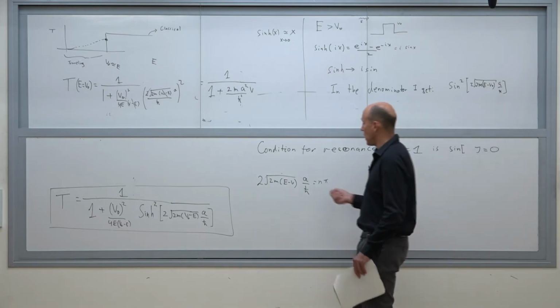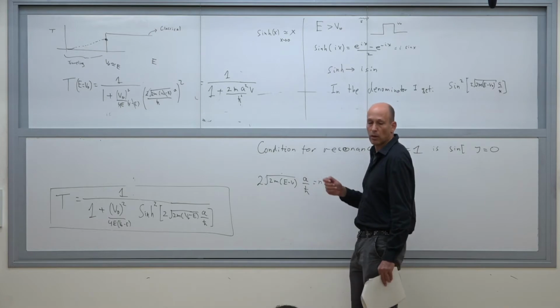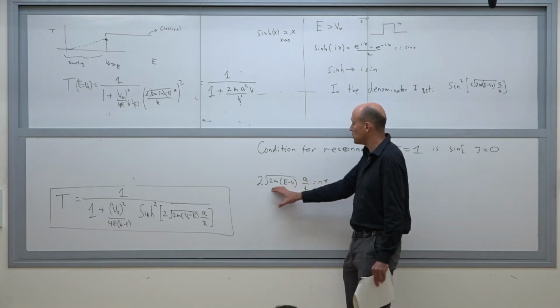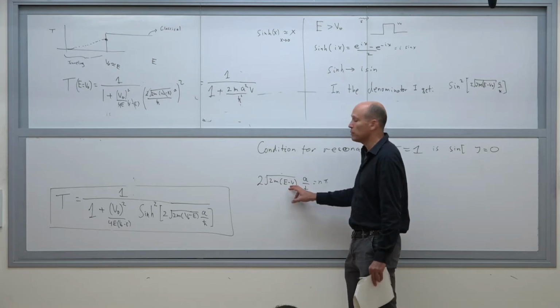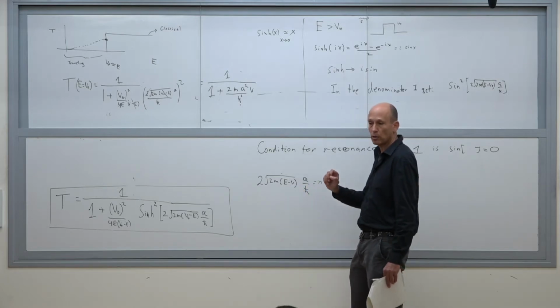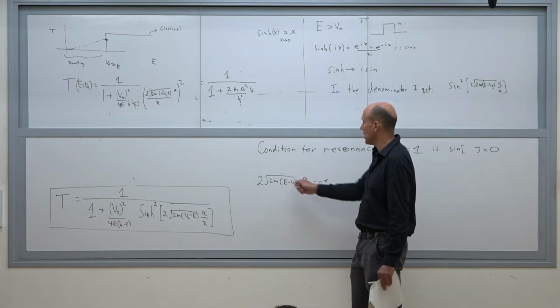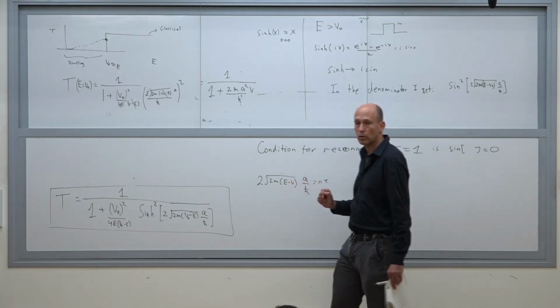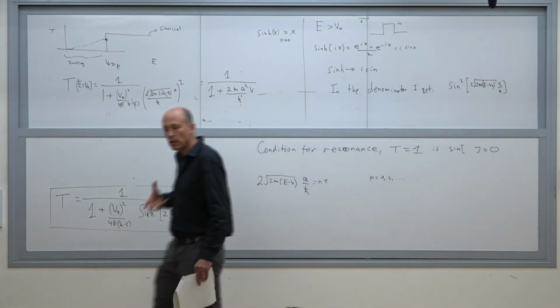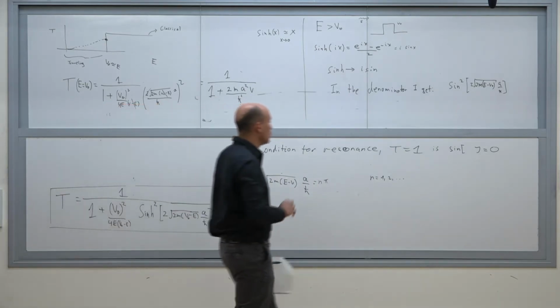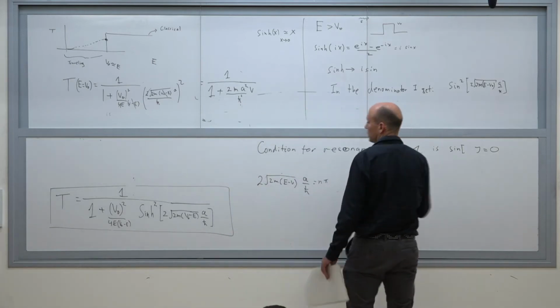Think about this. A is fixed, although in some experiments you can change A. But let us think about it. A is fixed, m is fixed, h bar is fixed, V0 is fixed, and we change energy. So you can change energy, and then some energies will meet this condition. And at these energies, these are the energies of the incoming particle, you are going to go, wow, everything goes through and nothing comes back to you.